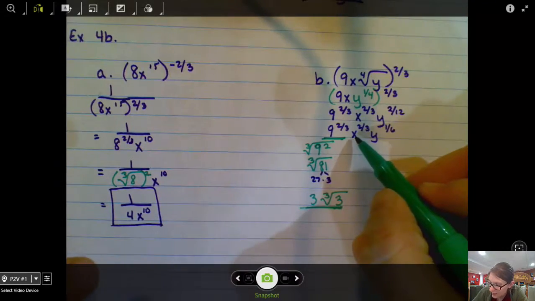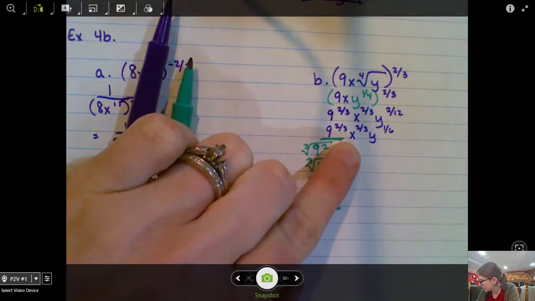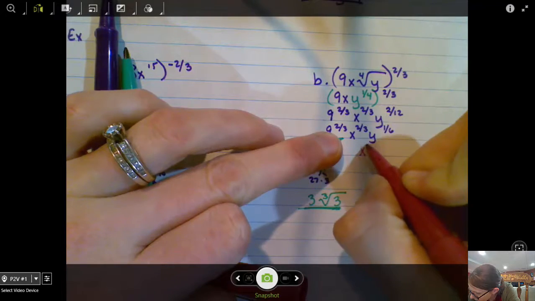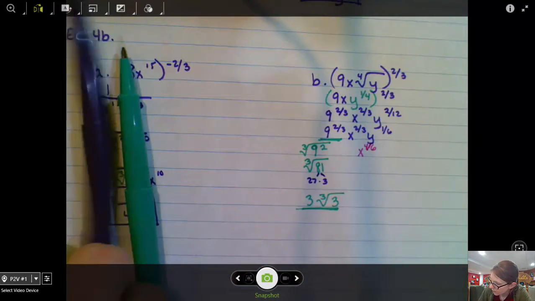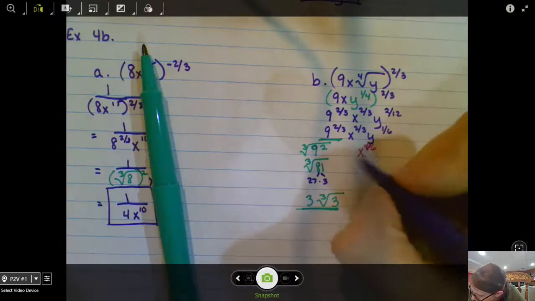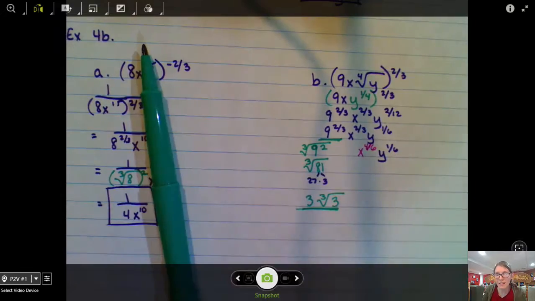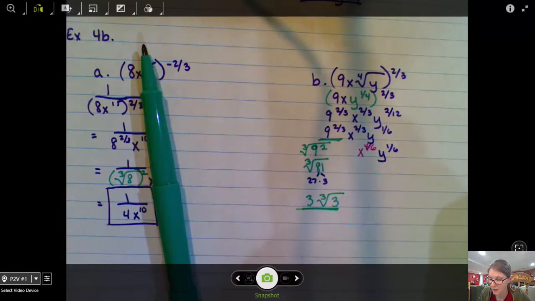Really, I need to make this x to the 2/3, x to the 4/6 power. And then I have y to the 1/6. Now that's at least good because then I have the 6th root in both places.